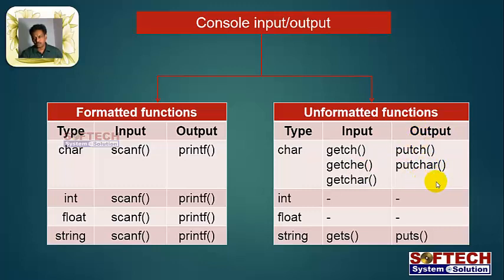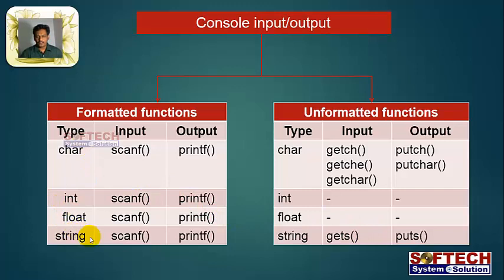If we want to display a character on the monitor, this is the function. For strings, the gets function gets a string from the keyboard, and the puts function displays a string on the monitor. Puts is the output function for string, gets is the input function for string.